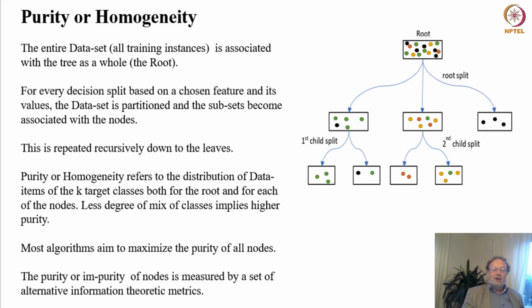Then you have minimum purity, or maximum impurity. Sometimes people want to talk about homogeneity instead, but in this presentation, I highlight the term purity. So most algorithms in this genre aim at maximizing the purity of all nodes.